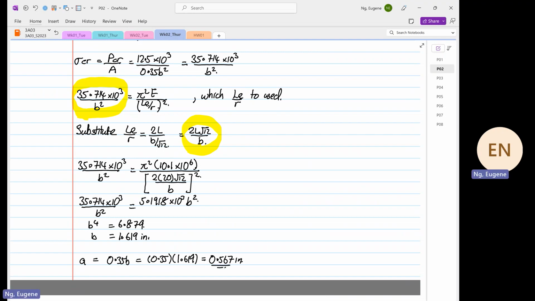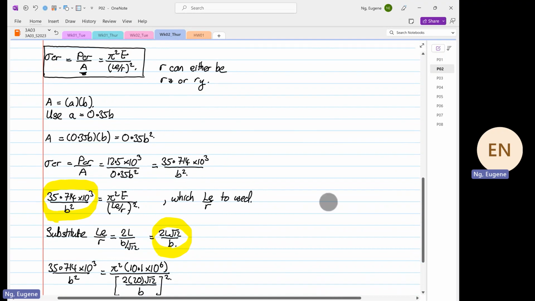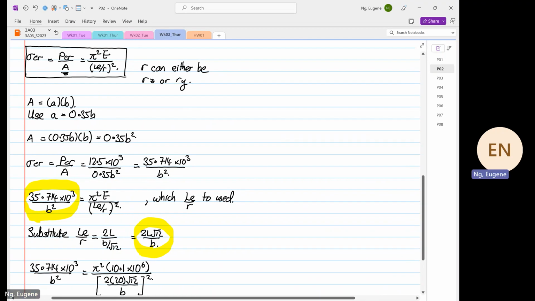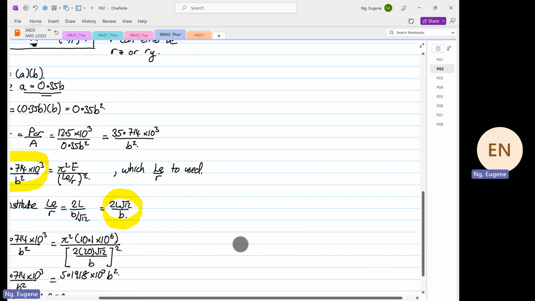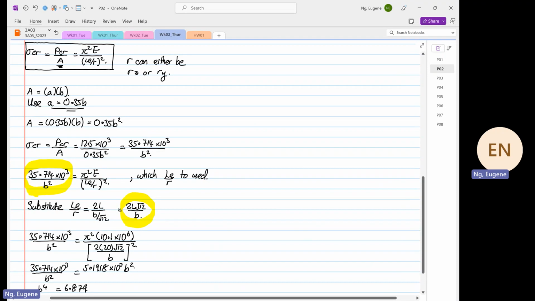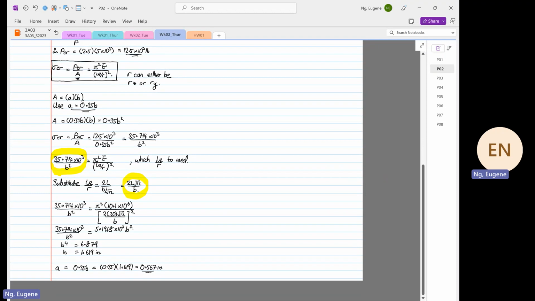Okay, so now there's another way, not another way of solving it, but if you were to decide, okay, so this solution procedure we use, A is equal to 0.35 B. But you can also use B. The next one, again, I'm going to put side by side, but the solution will be absolutely the same.